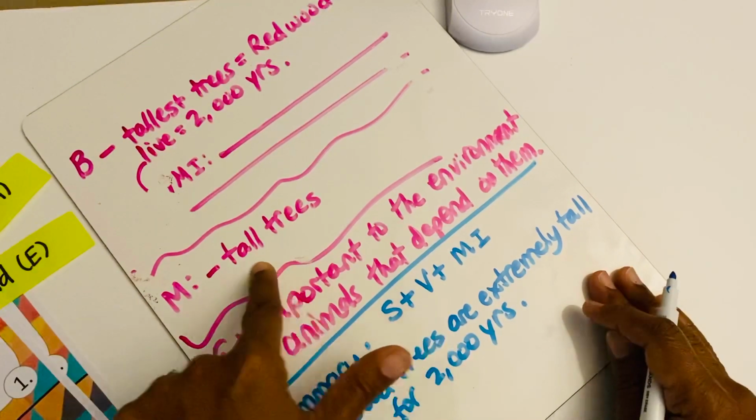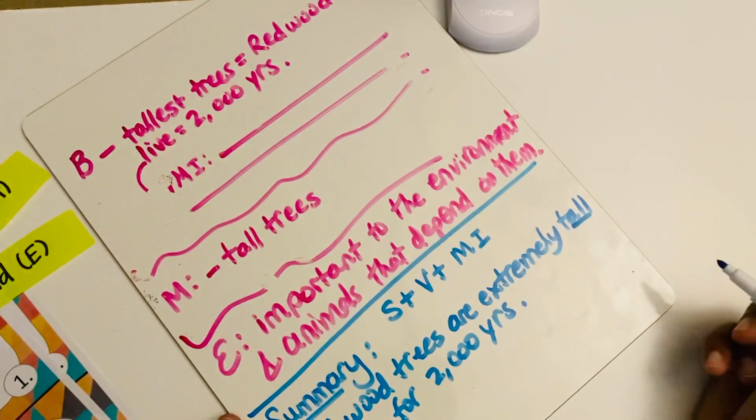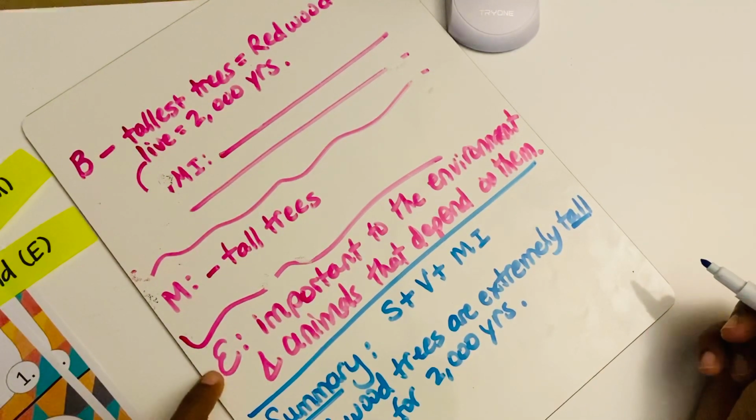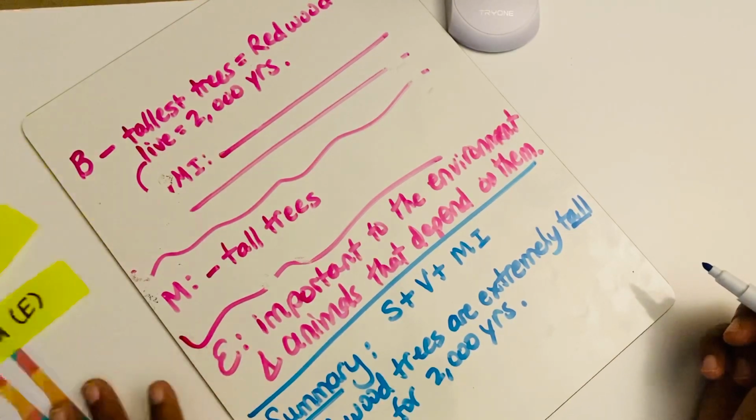Now they're saying in the middle that it's also tall, so I don't need to really repeat that because I've already captured that idea. So now I can go to the end. Important to the environment and animals that depend on them.